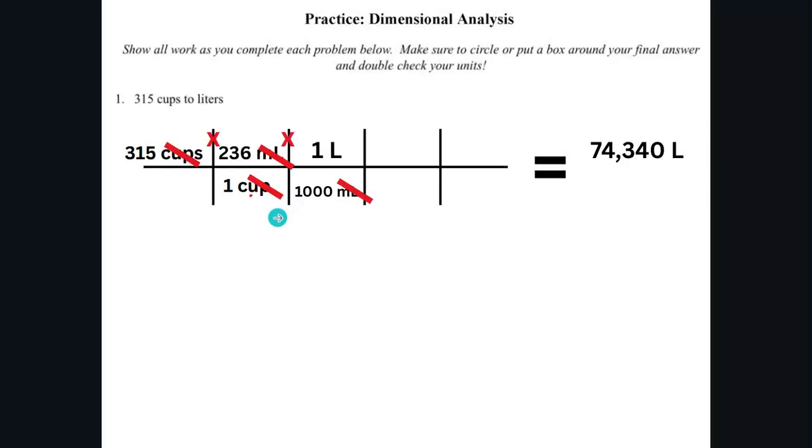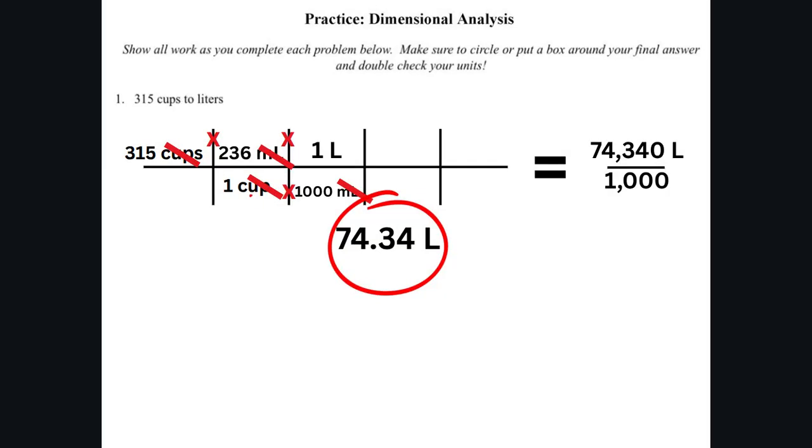Now I multiply everything across the bottom. 1 times 1,000 gives me 1,000. And all of our units canceled out here at the bottom. Now I just divide. 74,340 liters divided by 1,000 gives me 74.34 liters.